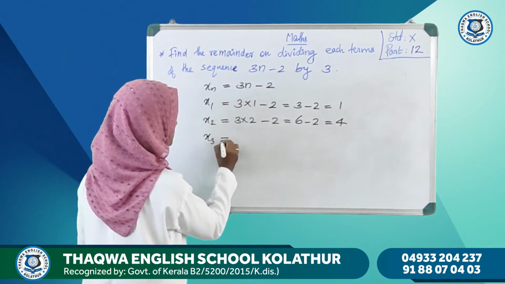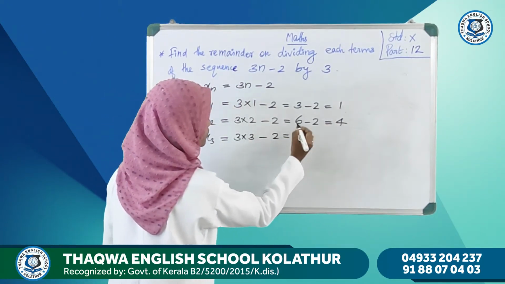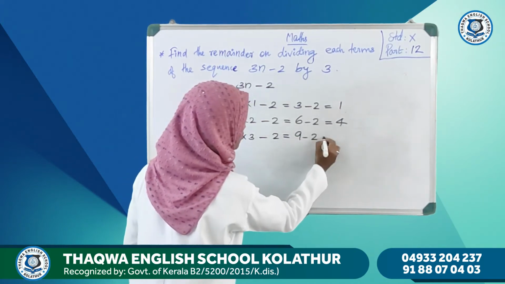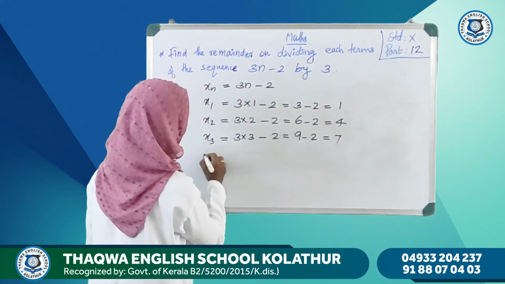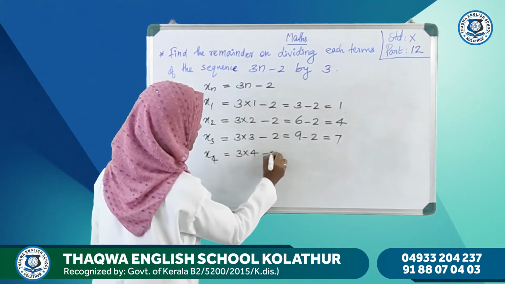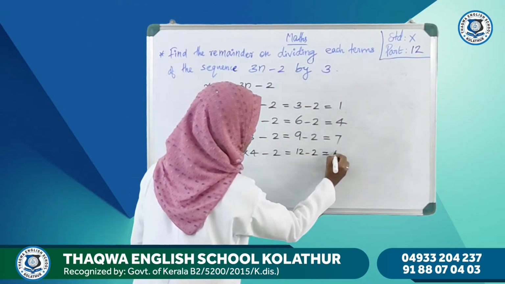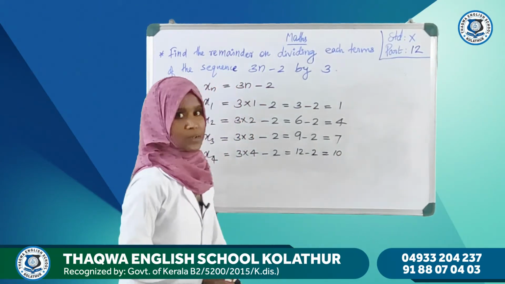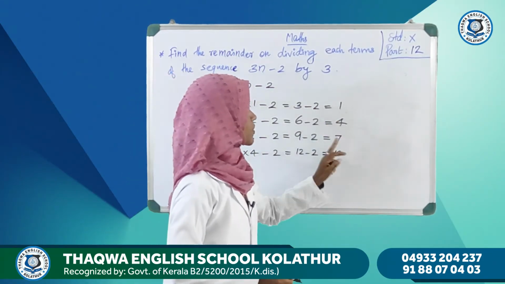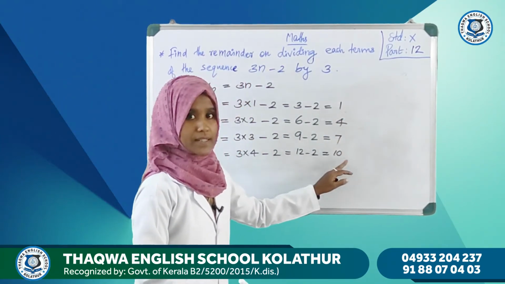Third term, 3 into 3 minus 2. 9 minus 2, 7. Then fourth term, 3 into 4 minus 2. 12 minus 2, 10, and so on.